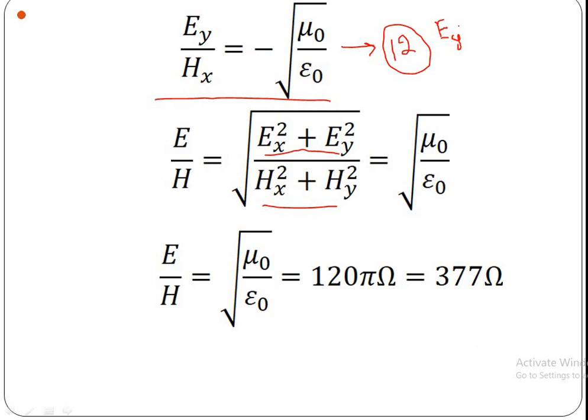Ey is equal to minus square root of mu naught by epsilon naught into Hx.